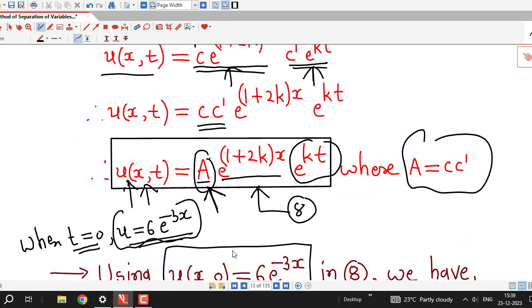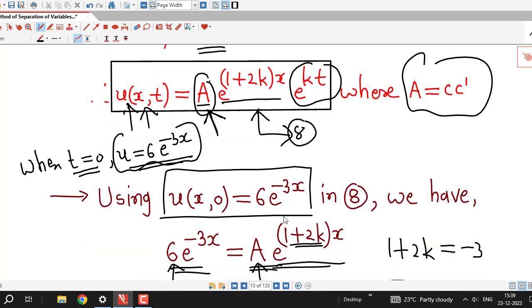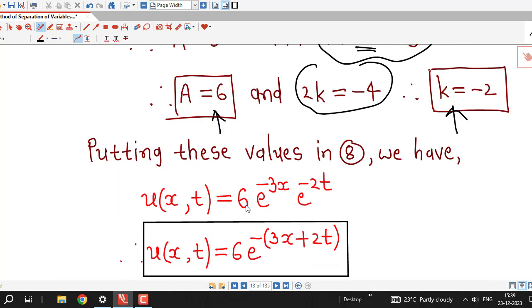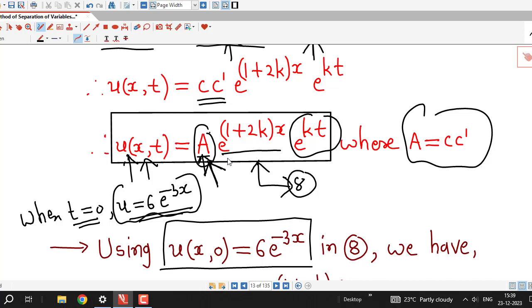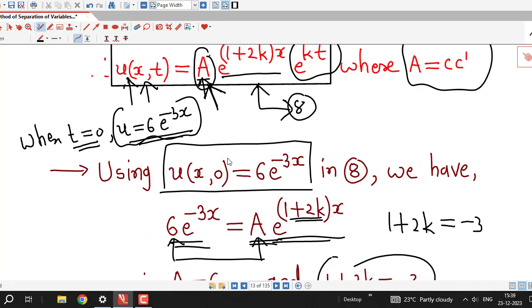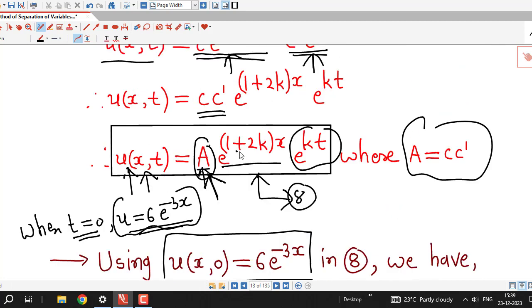So we have obtained particular values of capital A and k that we substitute again in equation number 8. So therefore u(x,t) equals, if I take A equal to 6 and 1 plus 2k equal to minus 3, so that I have put here.